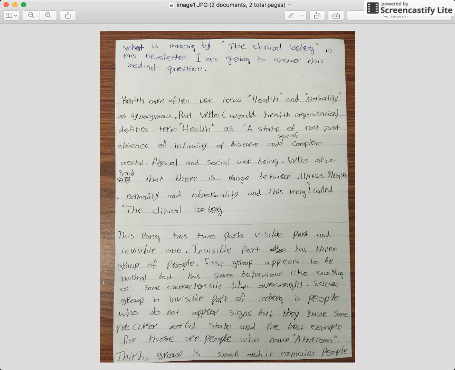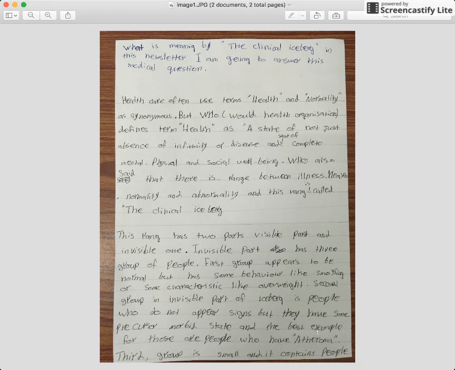First group appears to be normal, but has some behaviors. Okay, actually that's the second group, so you missed the first group, like smoking and other characteristics. Second group is a visible part. Wait, so you're already moving on to the visible part, and you haven't explained the first three groups of the invisible part. Who appear signs, but they have some precursor morbidity state.